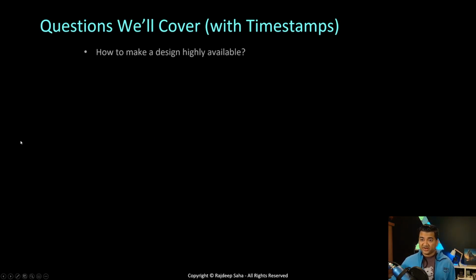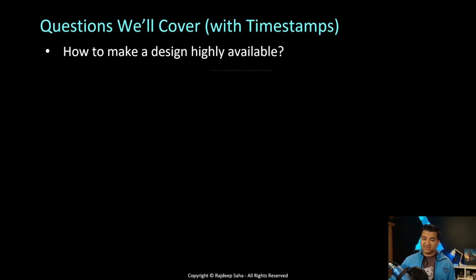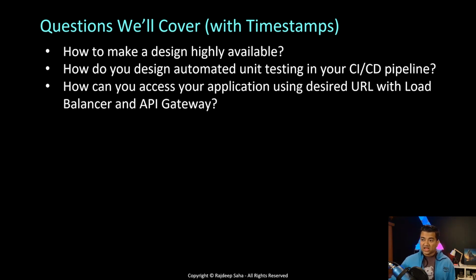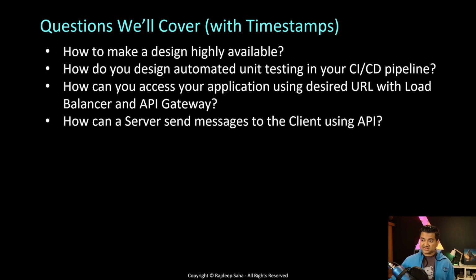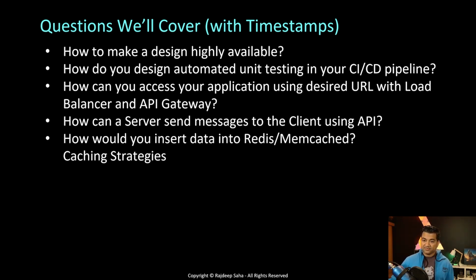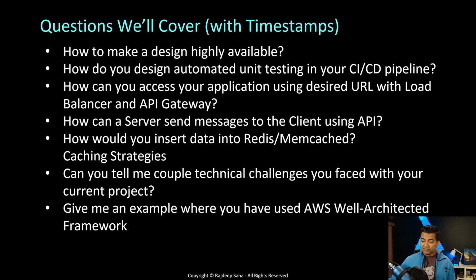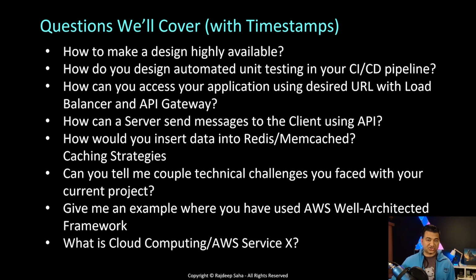Questions we'll cover in this video are: how to make a design highly available, how do you design automated unit testing in your CI/CD pipeline, how can you access your application using desired URL with load balancer and API gateway, how can a server send messages to the client using API, how would you insert data into Redis or Memcached, so basically what are your caching strategies, can you tell me a couple technical challenges you faced with your current project, give me an example where you have used AWS well-architected framework, and what is cloud computing / AWS Service X.